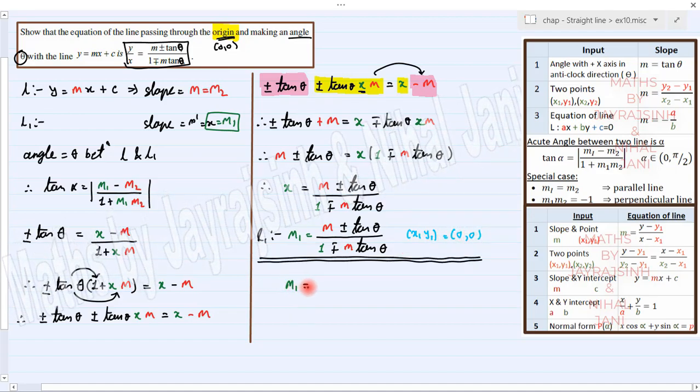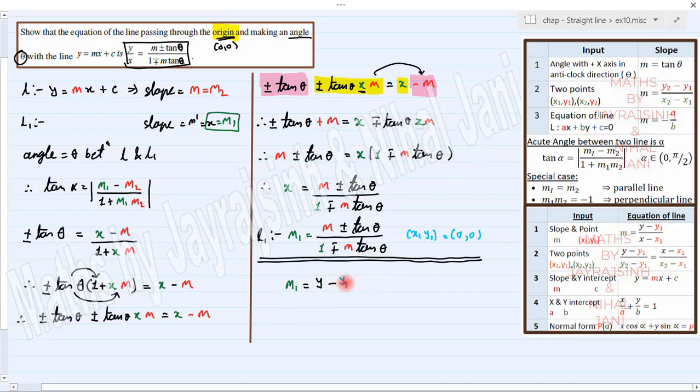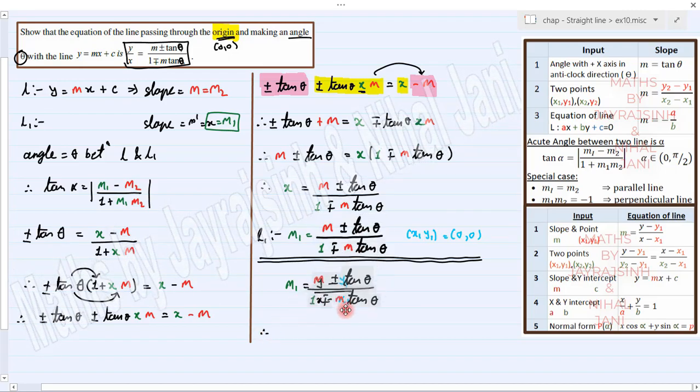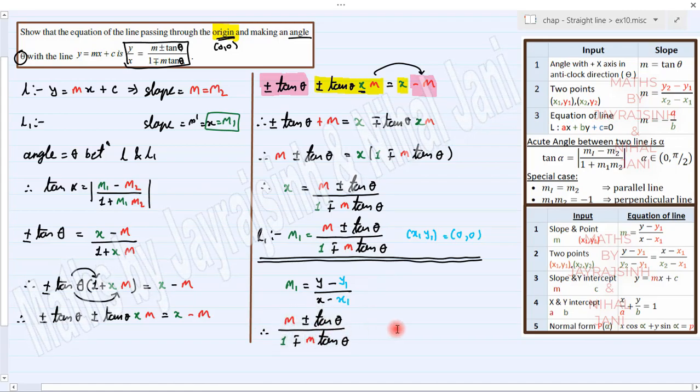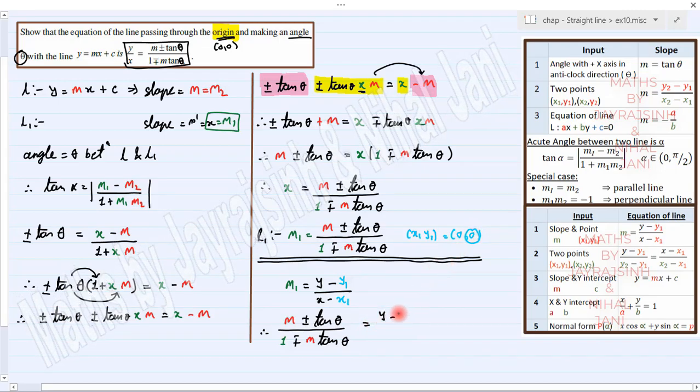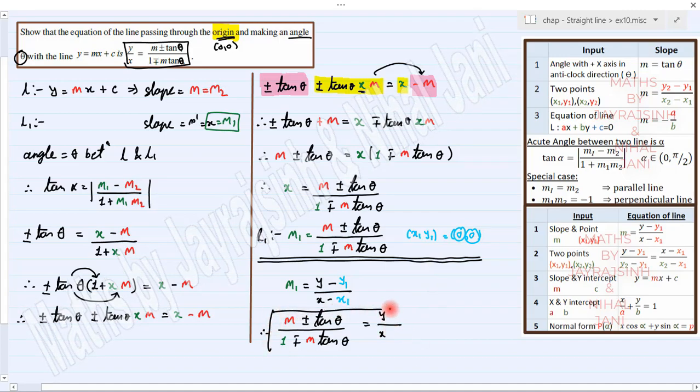So we can use the slope and point method, which is m1 is equal to y minus y1 upon x minus x1, where your slope is m plus or minus tan theta upon 1 minus plus m tan theta is equal to y minus y1, which is 0, upon x minus x1, which is again 0. So we can say we get our required equation of line as given. Hence proved.